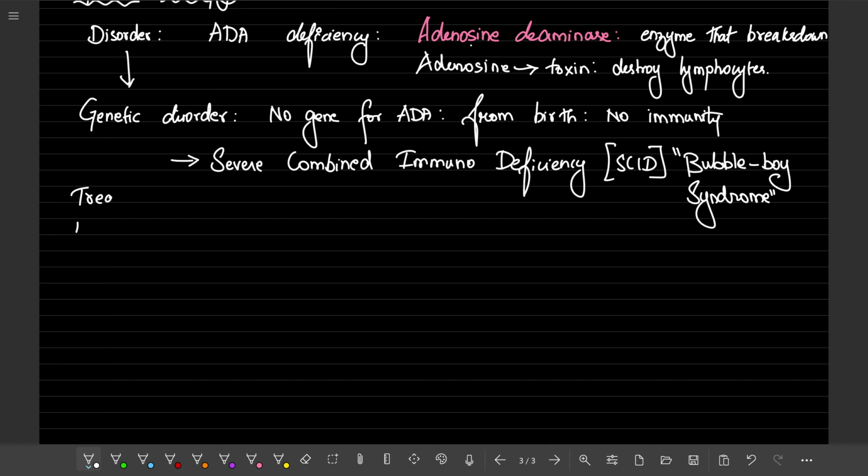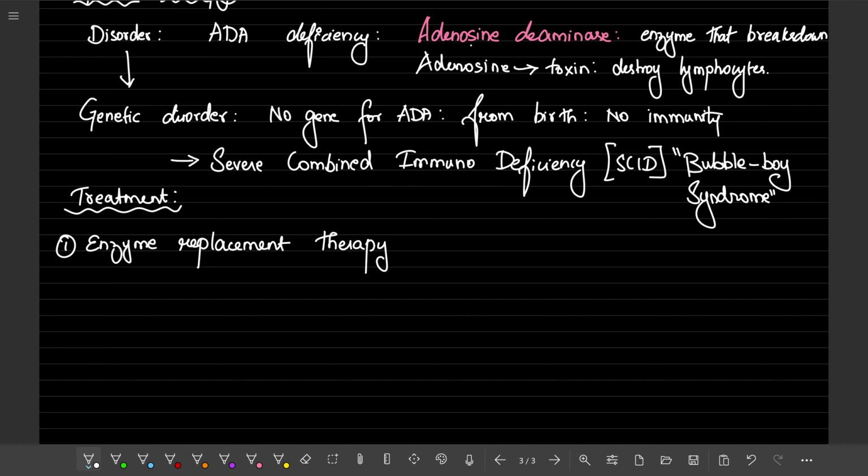There are treatments available. So now, what are all the different types of treatments? This is treatment only. Cure is in only one way. We'll see what that is. The first treatment is going to be enzyme replacement therapy. Enzyme replacement therapy is like insulin.